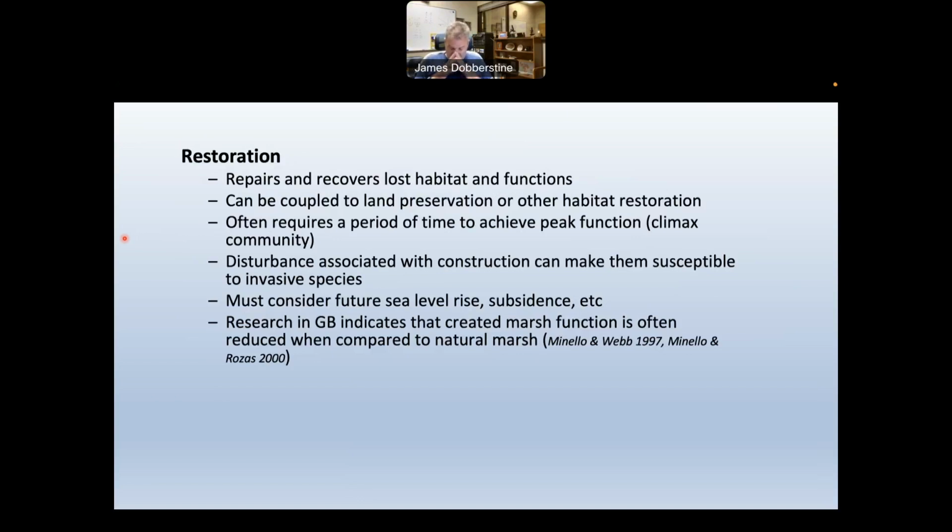So if you know where the Sunset Cove subdivision is down there, that was a project where we had coupled land preservation with habitat restoration and recognizing that some of the areas we were preserving were well functional and they actually provided supporting functions that would allow restoration of degraded wetlands or lost wetlands, either directly because of the development of the subdivision or in some cases because of sea level rise and erosion and the other things that are going on the bay side of the island.